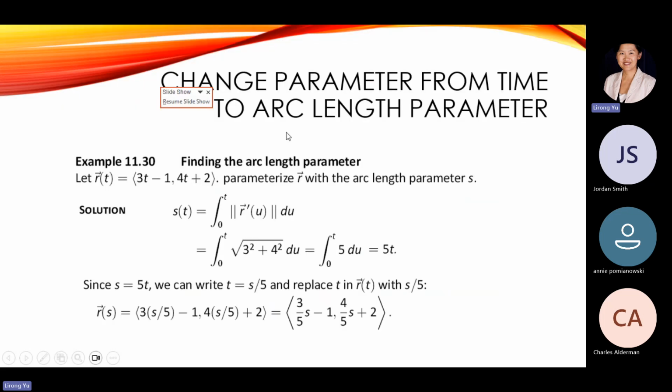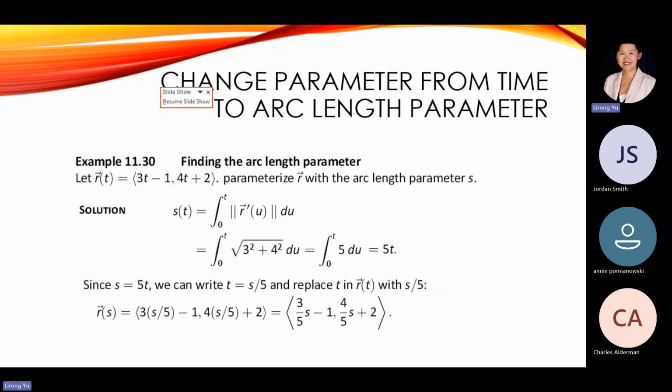In the textbook, they're more organized, but I want to derive it from the beginning so you can see the whole purpose of it. The original formula for s equals the integral from 0 to t of the magnitude of r'(u) du. The whole point is to find out how s is related to t. So for now, we know that s equals 5t, therefore t equals s over 5.